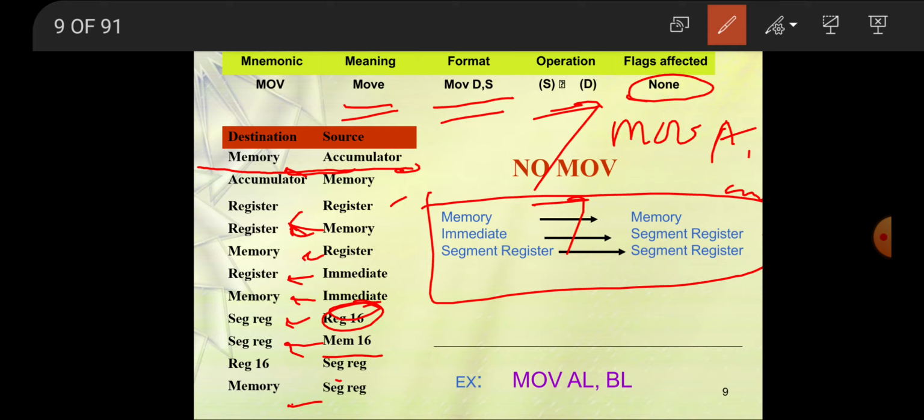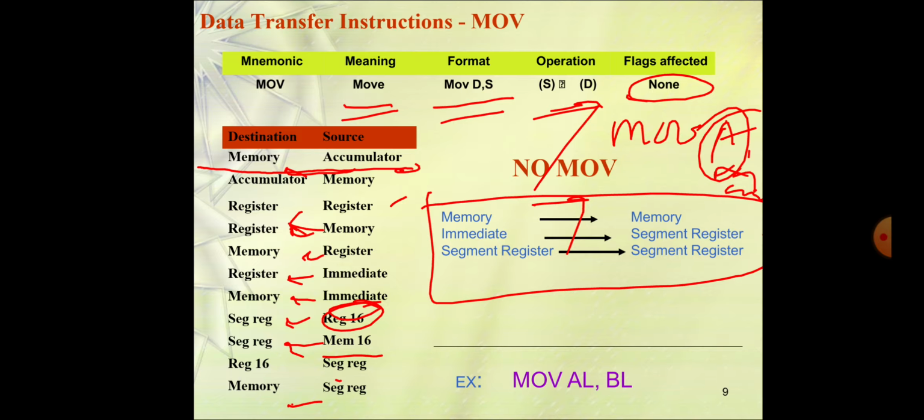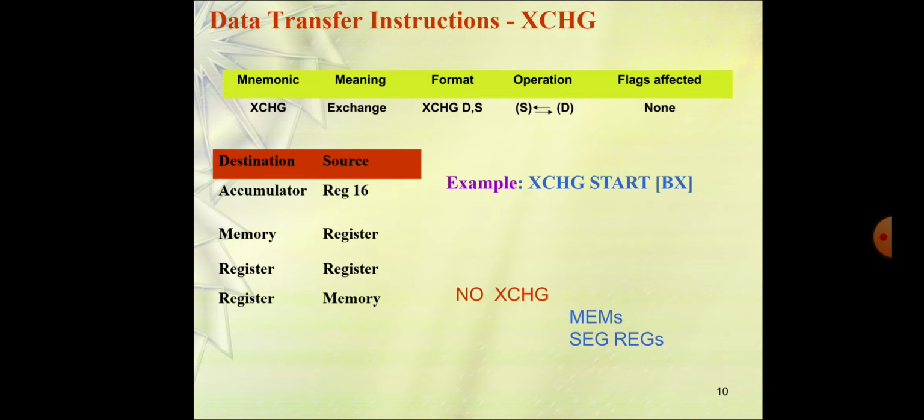What is the meaning of this? From the memory location I will move the data to the accumulator. This is how we perform these instructions, and this is called a data transfer instruction, meaning we are transferring the data from one location to another location.